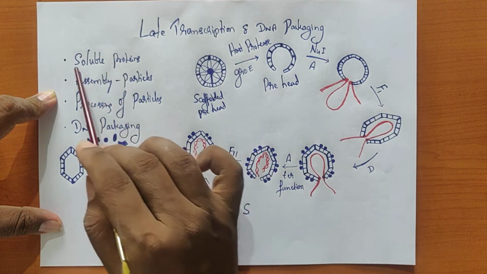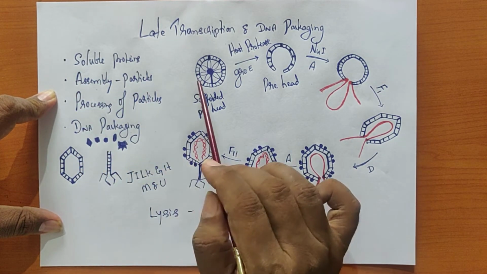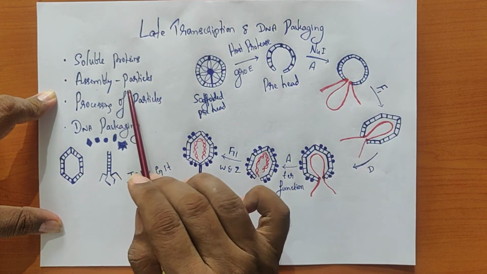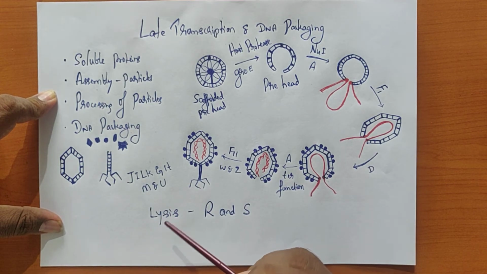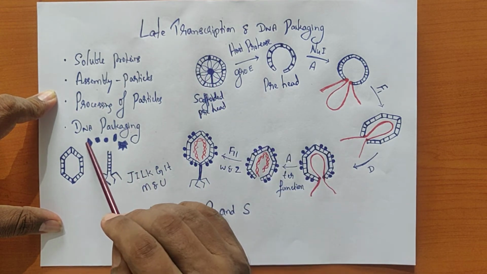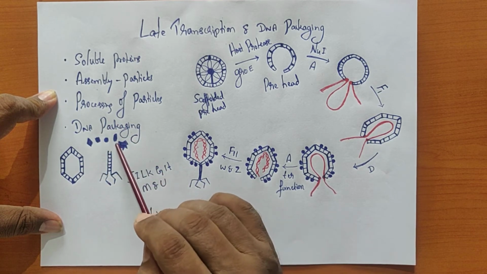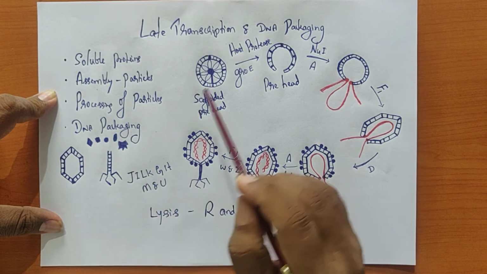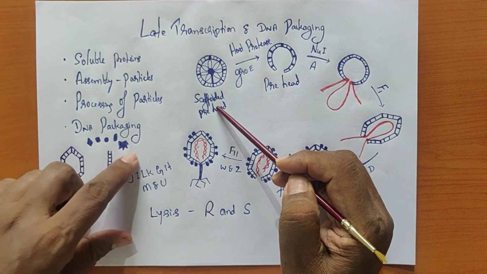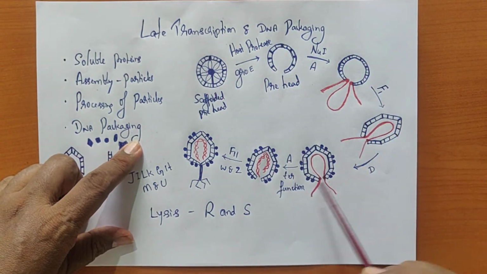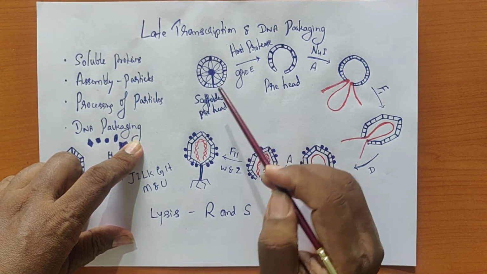We are going to study how the soluble proteins are formed, what assembly particles we can characterize, and how these assembly particles are processed so that DNA can be packaged. They identified that all of them are present in soluble form, but the earliest precursor they could identify and characterize is the scaffolded prehead. What I have shown is a schematic representation of the various particles they have characterized.